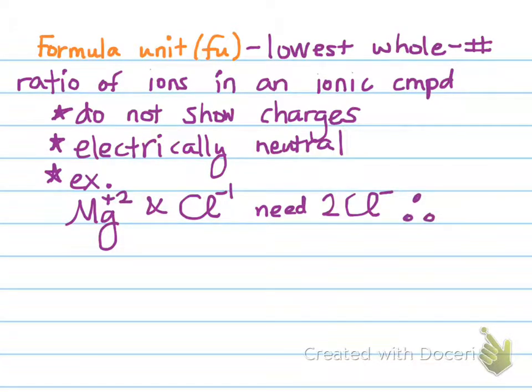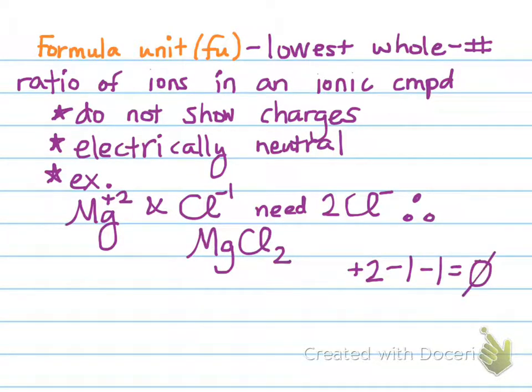Therefore, the formula unit for magnesium chloride is MgCl2. Because overall I have to have a neutral charge, no charge. So I have +2, -1, -1, which gives me an overall charge of 0.